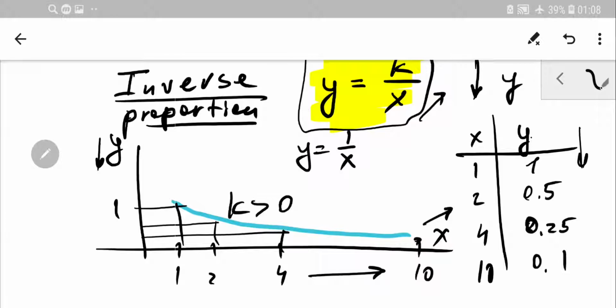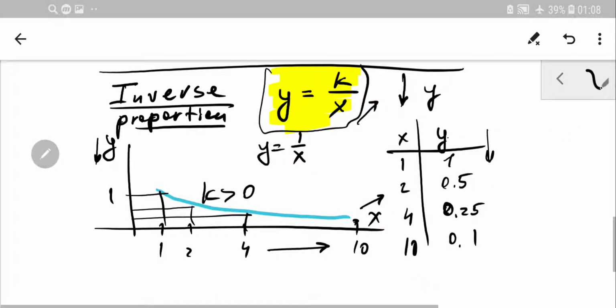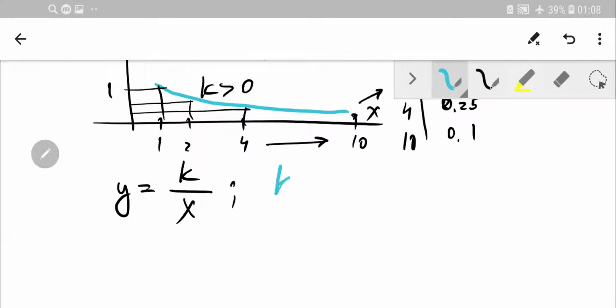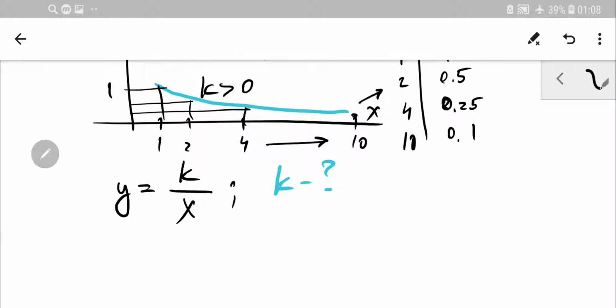All right, how to work out the coefficient value? You need to work it out in the same manner. Let's say we have the function y equals k over x, and now we just need to figure out k when, let's say, y is 10, and x is, let's say, 1.